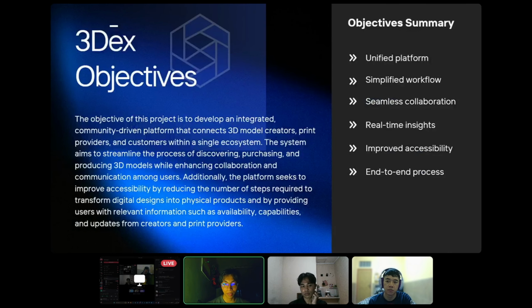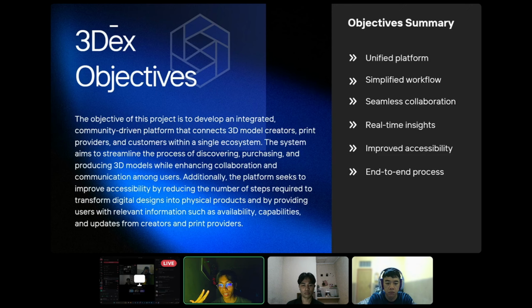Now, our objectives. To address these problems, we define several key objectives. First, we aim to develop a unified platform that connects all users into one ecosystem. Second, we want to simplify the workflow, making it easier for users to move from discovering a model to producing a physical product.